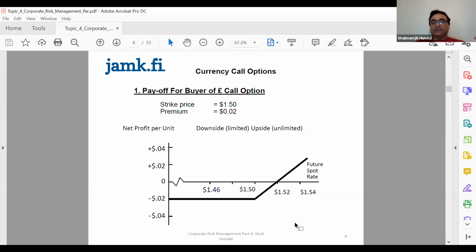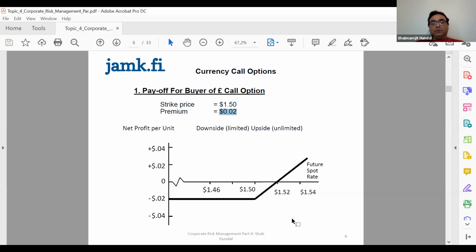And the less loss is by exercising the option. Because by exercising the option, the pound will cost me 1.52. But by not exercising the option, the pound will cost me 1.51 plus 2 cents, 1.53.